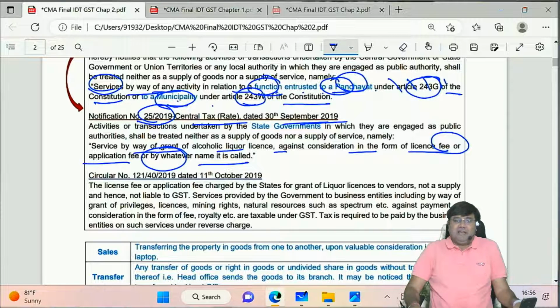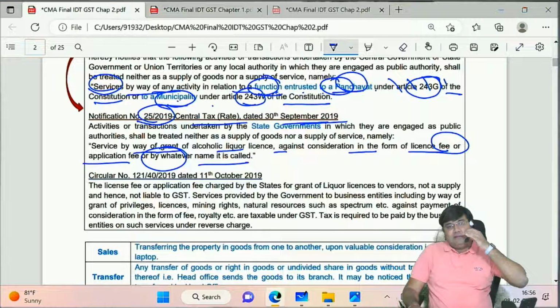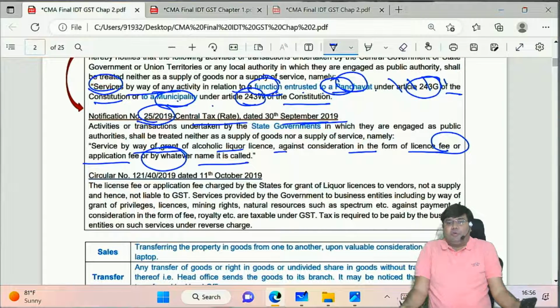Now, what is this license? You would have seen in your city, or maybe if you are from a rural area, that they have written alcoholic liquor contractor, or शराब का ठेका in Hindi. So normally the state government, let me take an example. Let's say you would like to open a shop for alcoholic liquor.